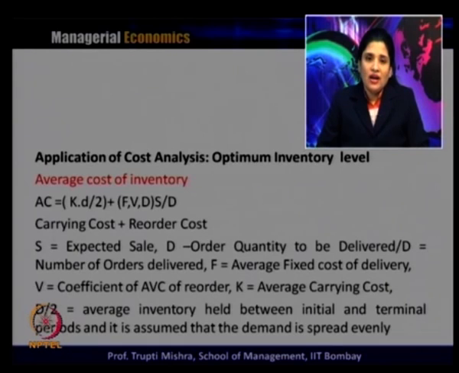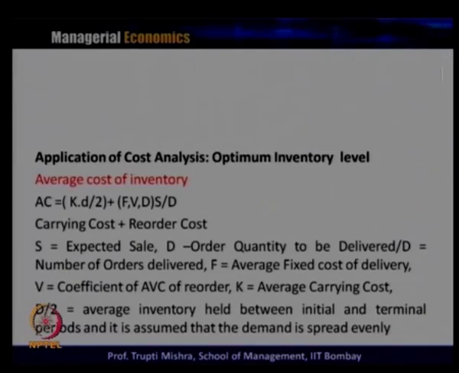If you look at it, this average cost consists of both carrying cost and reorder cost, and different types of cost come under either carrying cost or reorder cost and are added in the equation. And what is D by 2? That is the average inventory held between the initial and terminal period, and it is assumed that the demand is spread evenly.